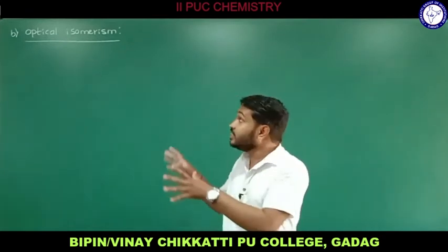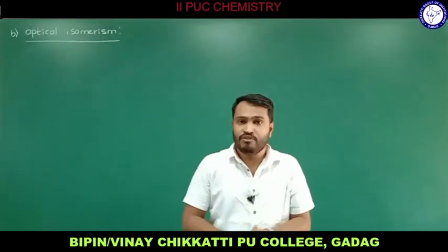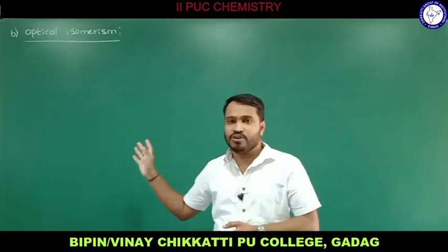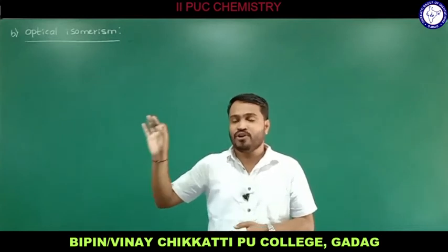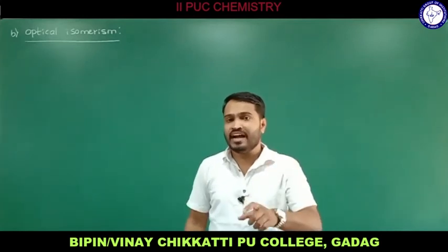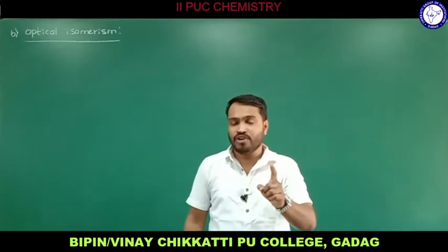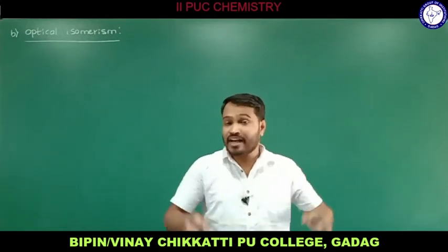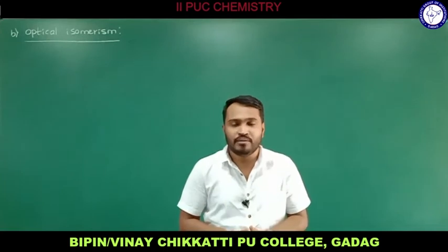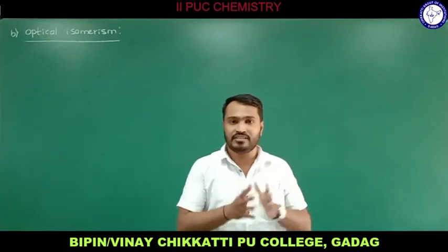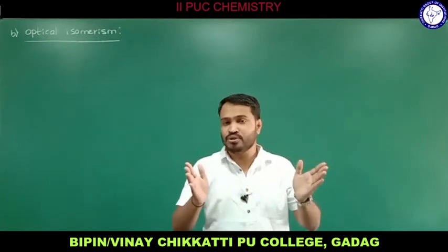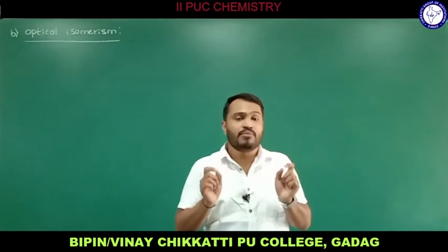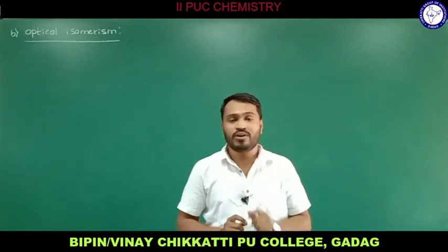So in optical isomerism, we are going to draw two isomers, one dextro and one levo. Remember that the dextro isomer will rotate the plane polarized light to the right hand side, whereas the levo isomer rotates it towards the left hand side. Of course, these two must be mirror images but not superimposable on one another.